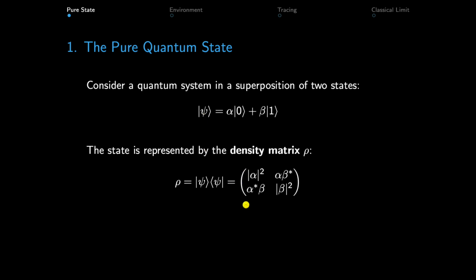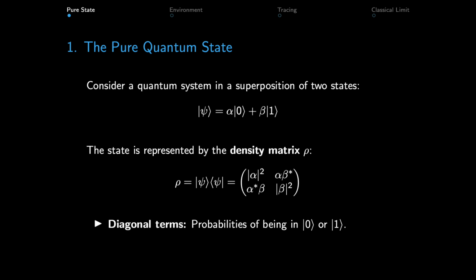If you take this density matrix, you now have modulus alpha squared and modulus beta squared as diagonal elements, and the off-diagonal elements are the product of these coefficients with their conjugates, and this is an important off-diagonal element, and you will see why it is so.